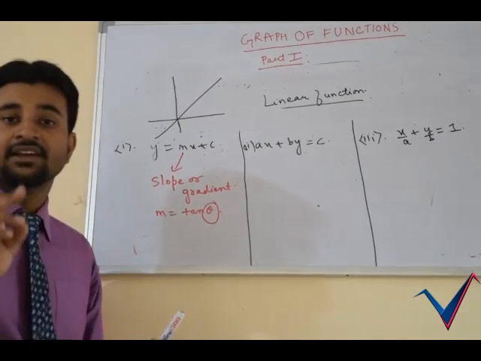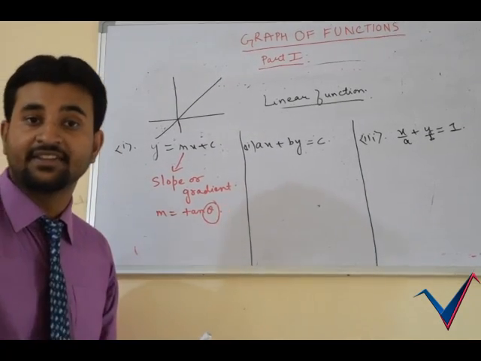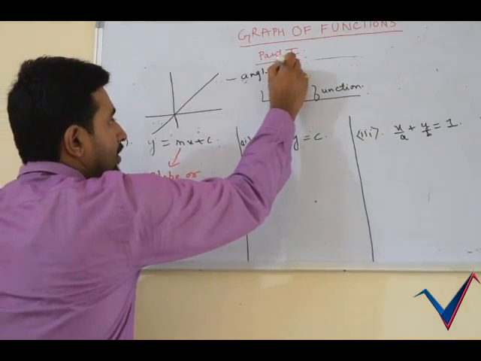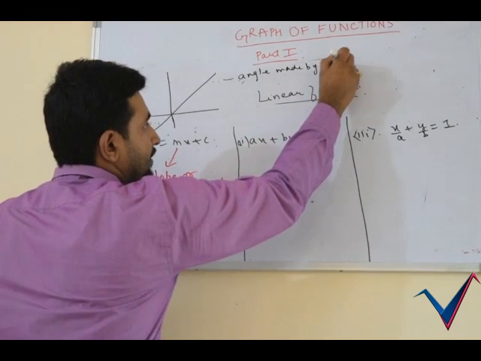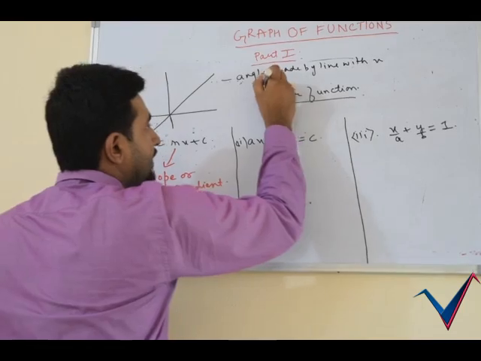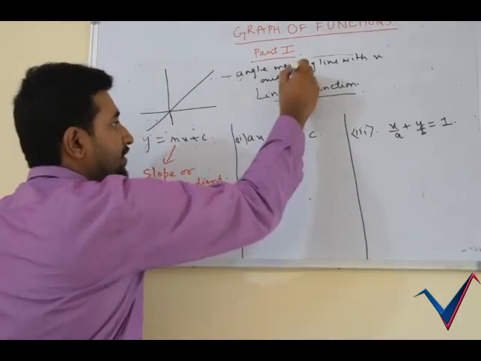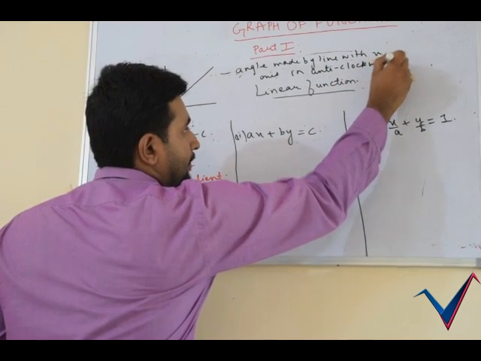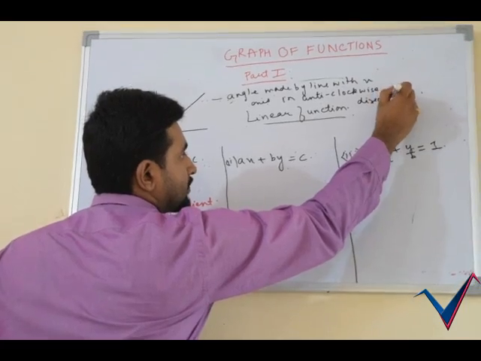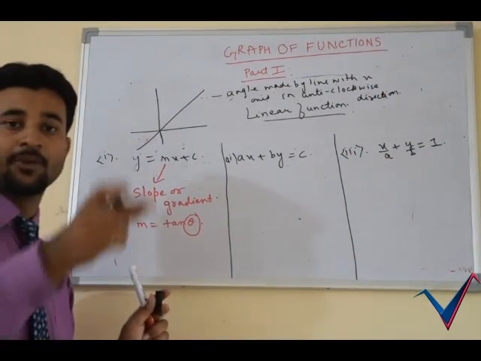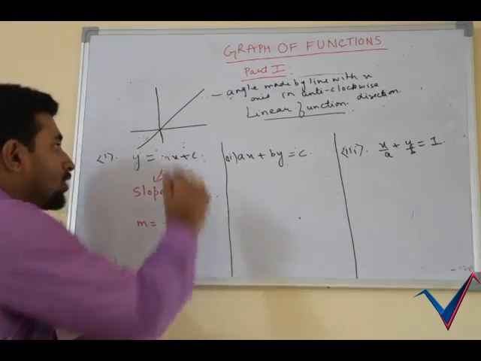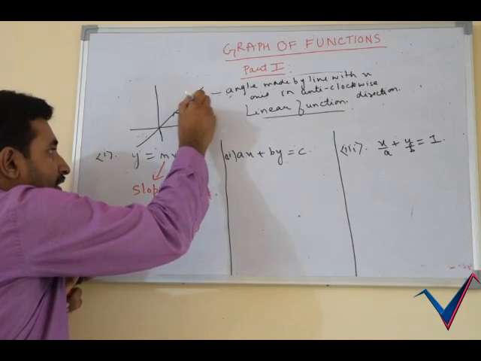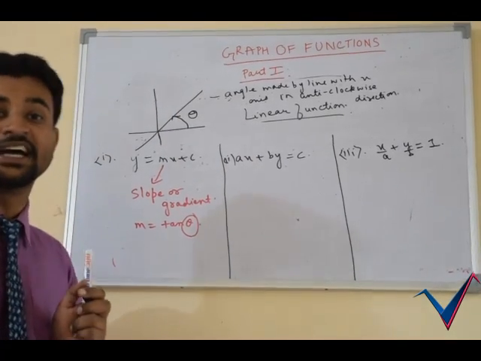So theta is simply the angle made by the line with the x-axis in the anti-clockwise direction, opposite the movement of clock. So you will just start from here and will move in the anti-clockwise direction this way. So this angle will be simply theta.